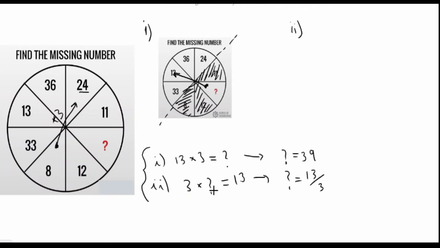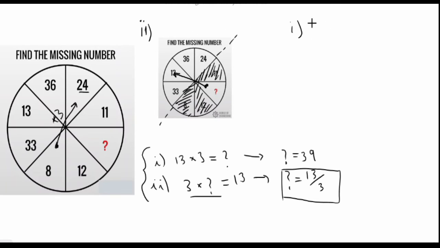So in other words, question mark times 3 will be equal to 13. So the question mark should be equal to 13 divided by 3. This is one possible argumentation.